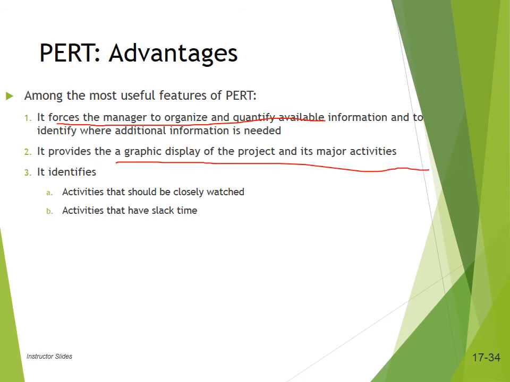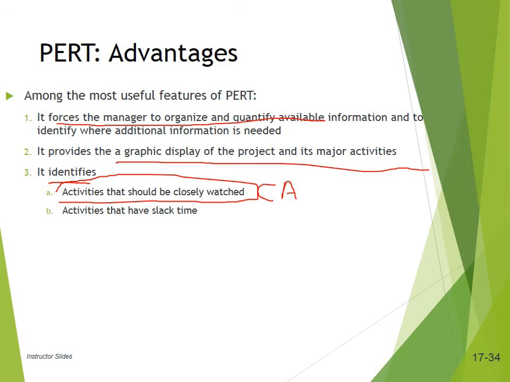Next, he identifies activities that should be closely watched. Now, which activities would those be? For most scenarios, it would be the critical activities, because if the critical activities are delayed, the whole project would be delayed.